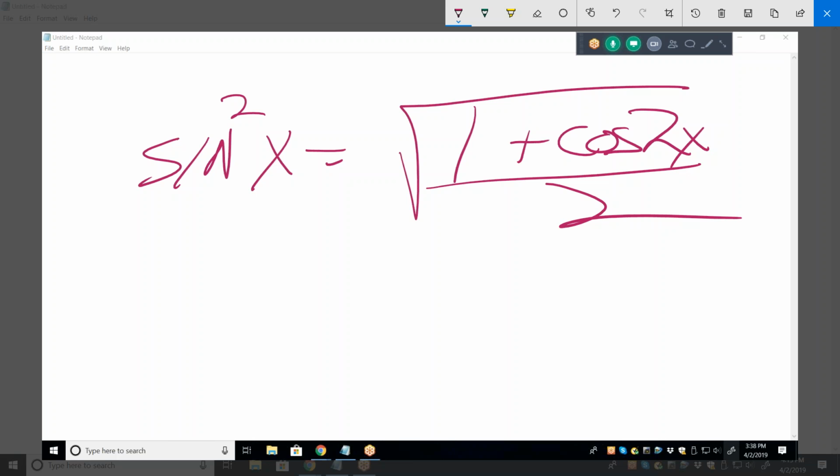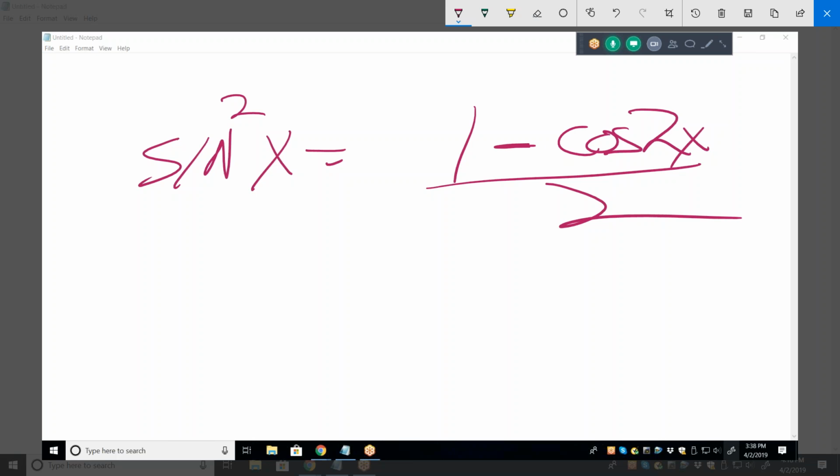Oh, no, it's sine squared x. Let's see. For power reducing formulas, also known as half angle identities, the sine squared of theta is equal to 1 minus cosine of 2 theta over 2. I need a radical sign? There we go. So that's what it is.